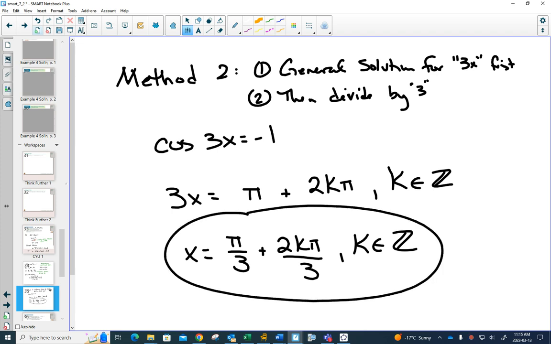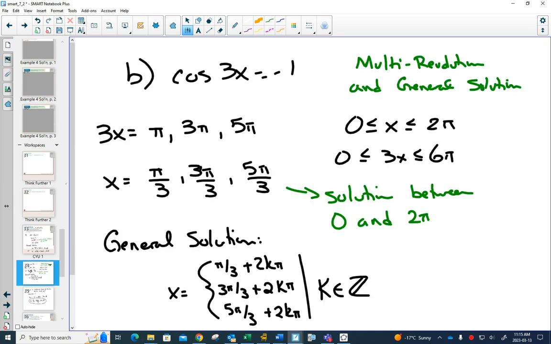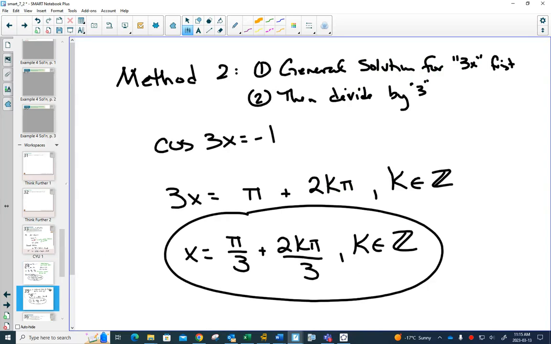And this answer here is identical to this answer here. This isn't as elegant as this one. This one's more elegant because you just have one thing listed.